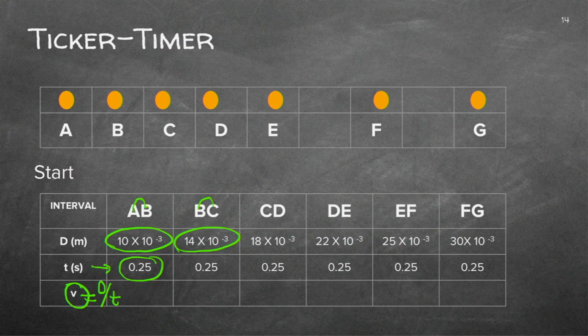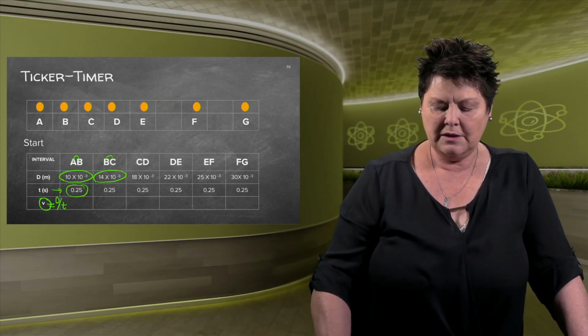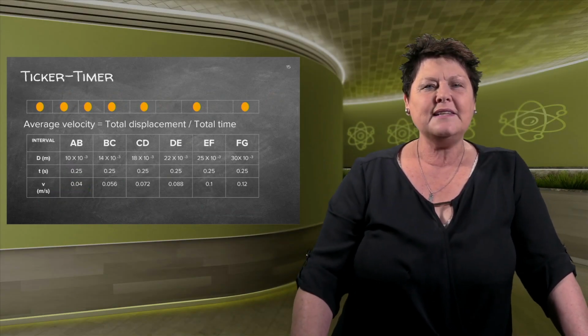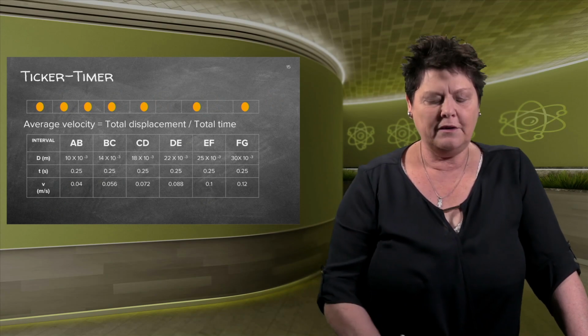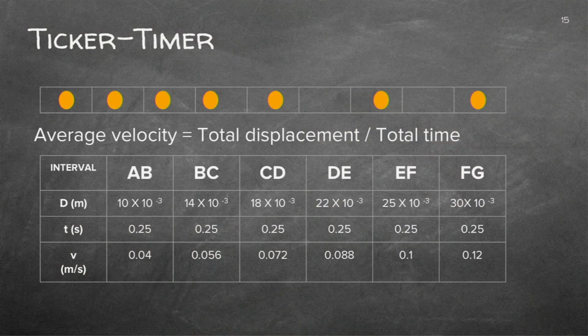Very accurate work, guys. You need to concentrate when you do this. Let's see what you got. If you divided that distance by 0.25, you should have got an answer of 0.04. And remember, it was meter over second, so it will be meter per second, written like that.